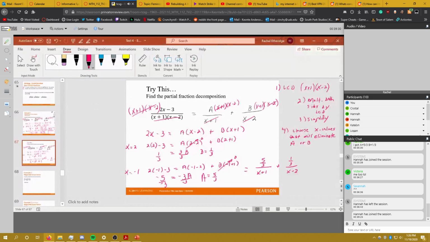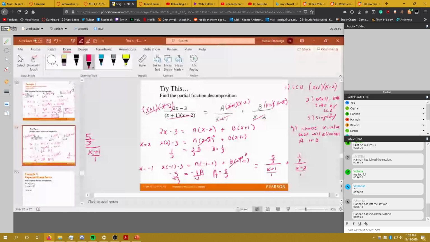So if I made those denominators into a fraction, put it over 1, and if I multiplied by the reciprocal, that would be 5/3 times 1 over x plus 1.